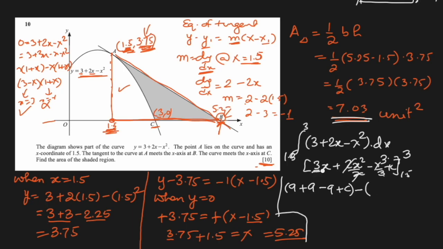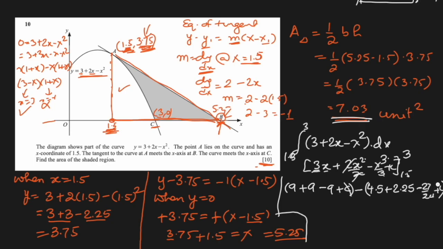Minus 3 times 1.5 will be 4.5, plus 1.5 squared, 2.25, then 1.5 cubed, which is 27 over 8 divided by 3, 27 over 24, plus c.